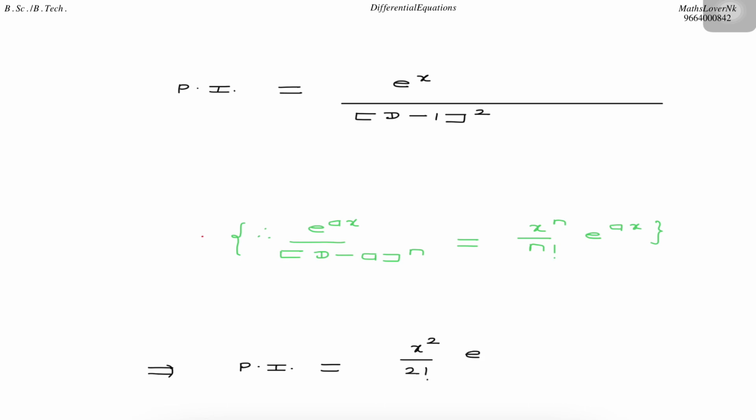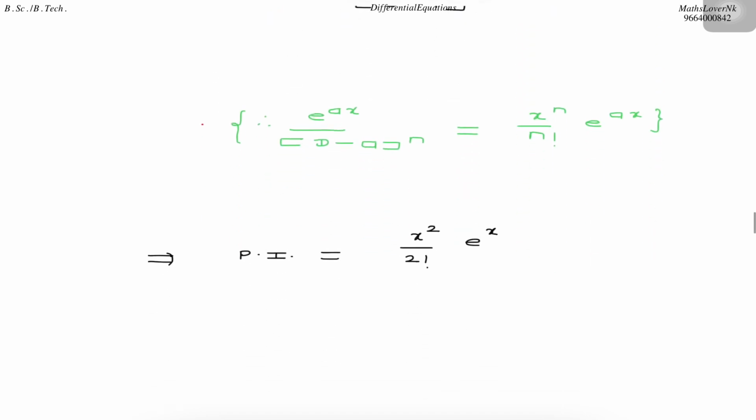The value of factorial 2 is 2, so PI is equal to x square by 2 into e the power x.